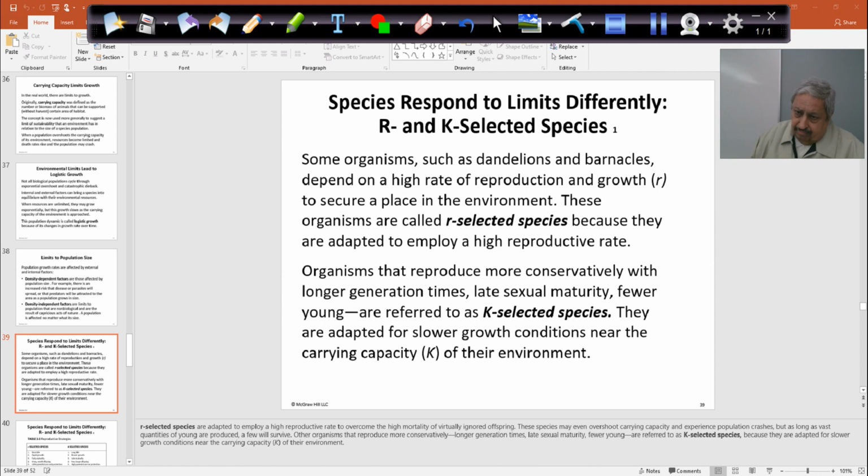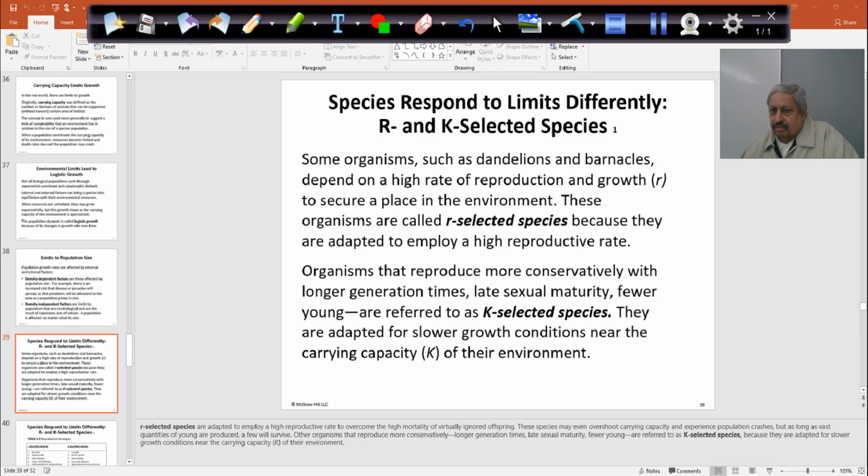R is for species that have a higher rate of reproduction and growth. There are R-selected species, and the K-selected species have fewer offspring, less reproduction and less growth, and fewer younger generations. So R is a higher rate of reproduction, and K is the opposite, a lower rate of reproduction. That's what it says.